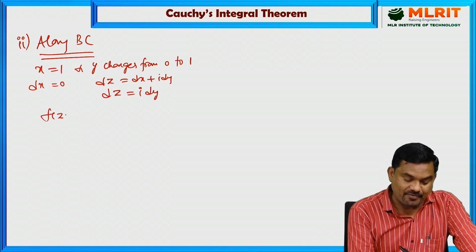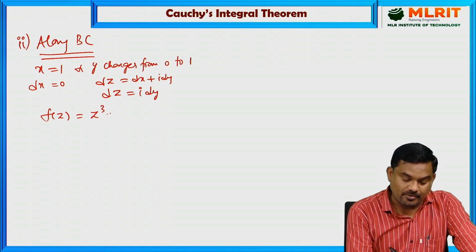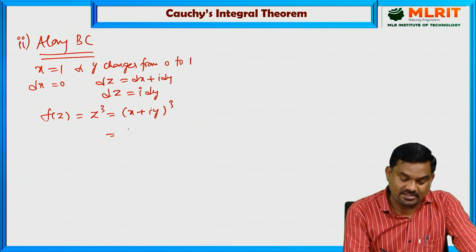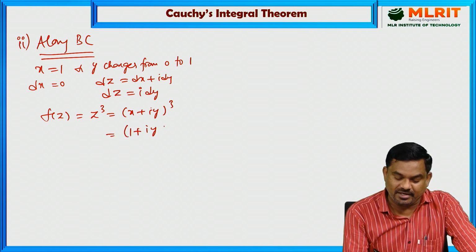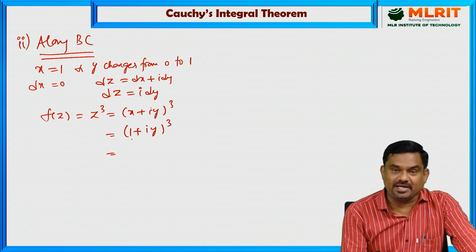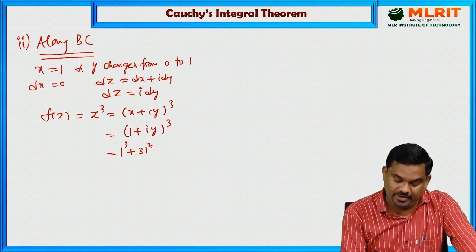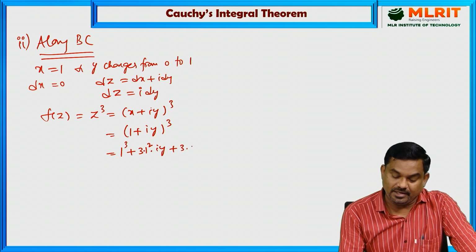And what is f of z? Z cube, which is x plus iy whole cube. Here x is 1, so 1 plus iy whole cube, which is a plus b whole cube: a cube plus 3a square b plus 3ab square plus b cube.